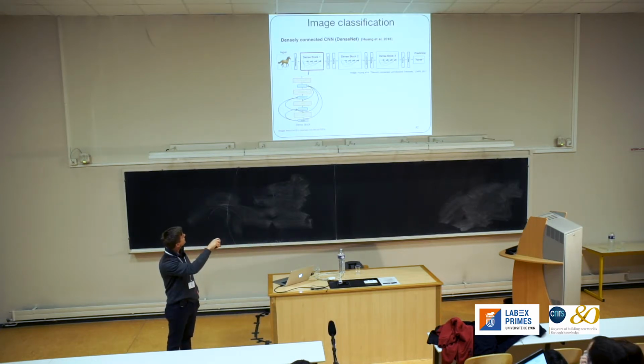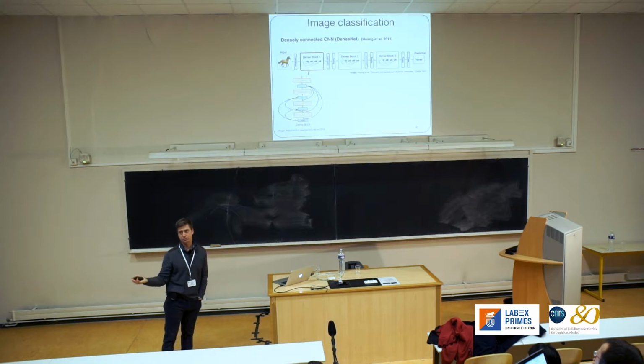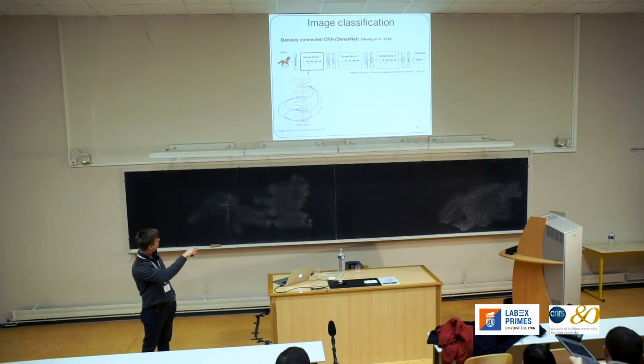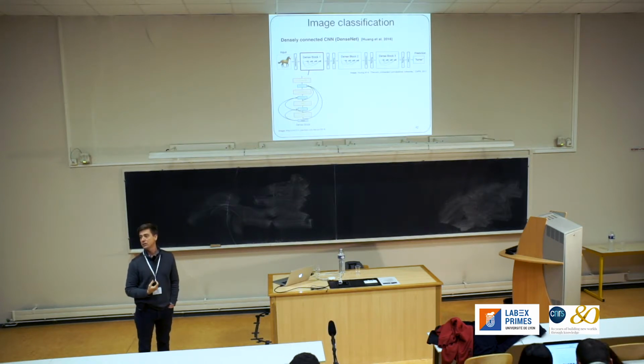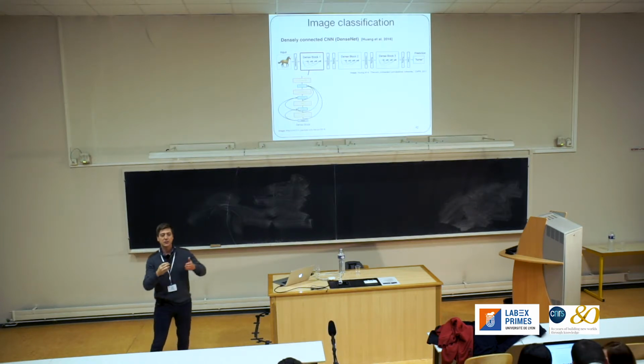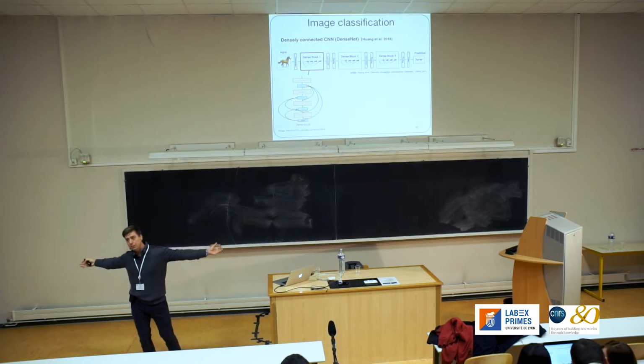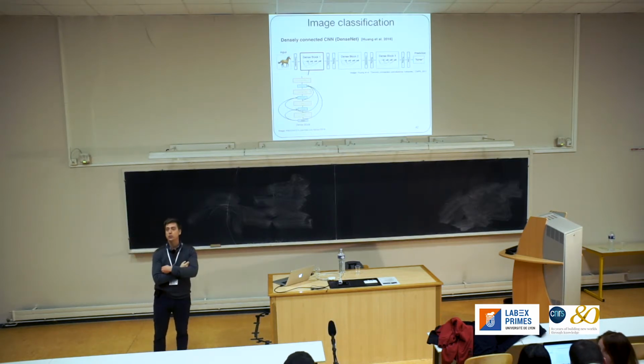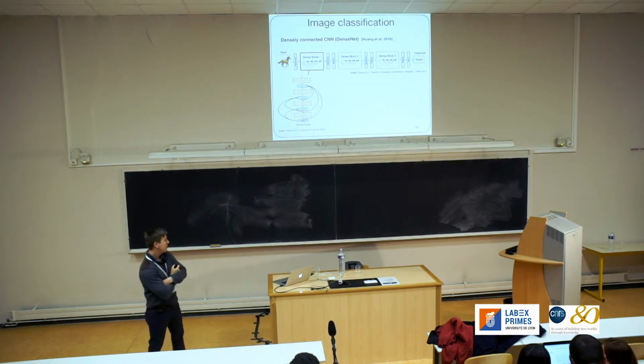So basically, the input of the last layer is the output of the previous layer, as in a standard network, but also the output of this layer, and also the output of this layer, and also the input to the network. So we're talking about a very, very large input to this last convolution layer.